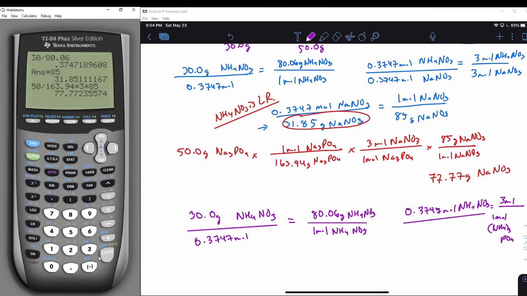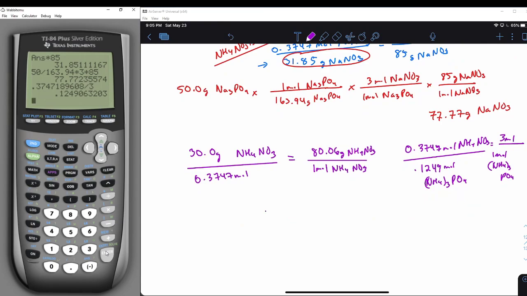So now we have to divide by 3 to get the actual moles of that, and we get 0.1249 moles of (NH4)3PO4. And then we take that 0.1249 moles and we convert it to grams.